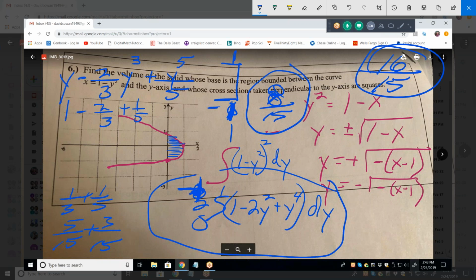Okay, so let's see what happens if we go from -1 to 1. Well, the top is still 8/15, right? So the first part, when I substitute at 1, I get 8/15. And then this time I'm going to subtract. Ooh, I'm not sure this is going to come out the same. I don't think it is.